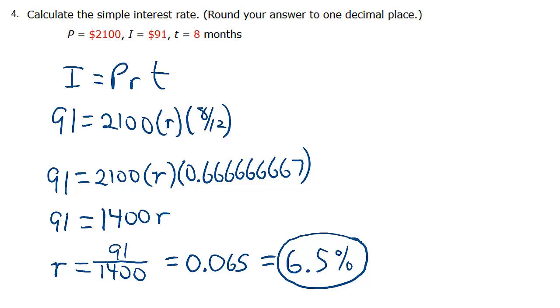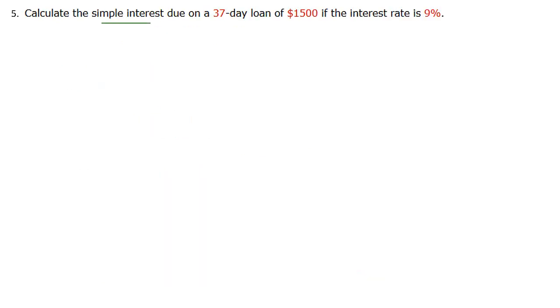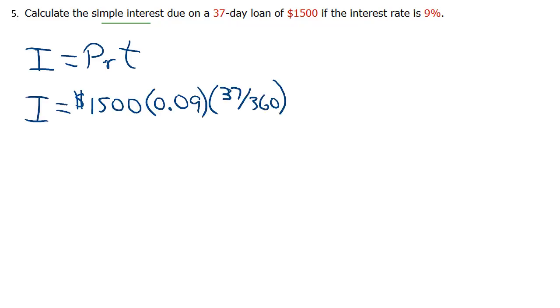Simple interest. Number 5, calculate the simple interest due on a 37-day loan of $1,500 if the interest rate is 9%. Again, it's I equals PRT. We're given that the principal is $1,500, the interest rate is 9%, which is 0.09, and it's a 37-day loan.